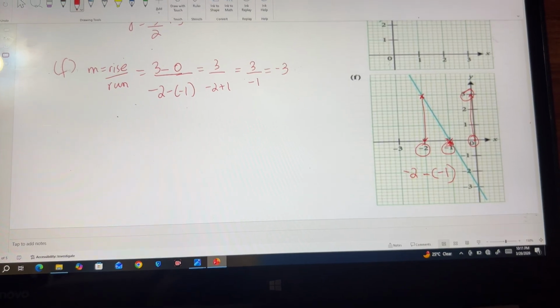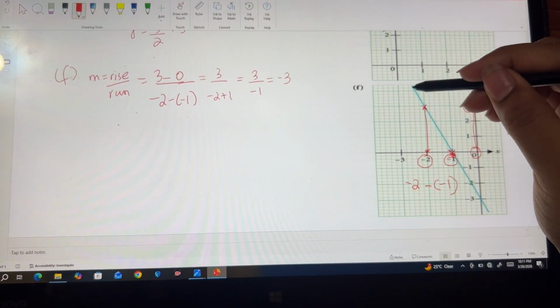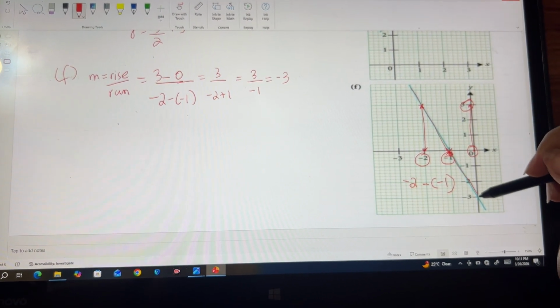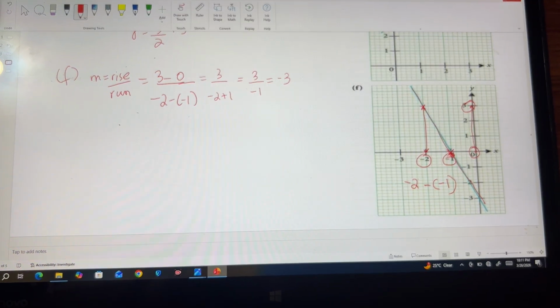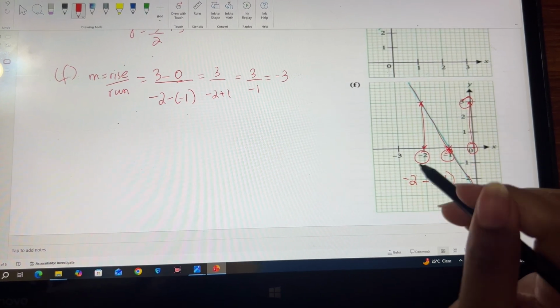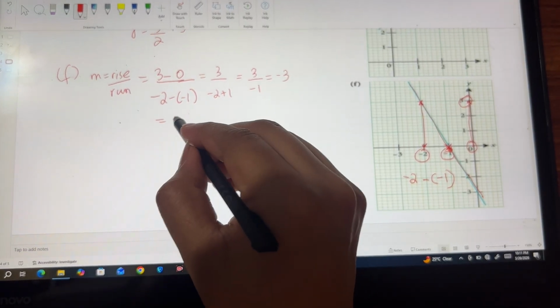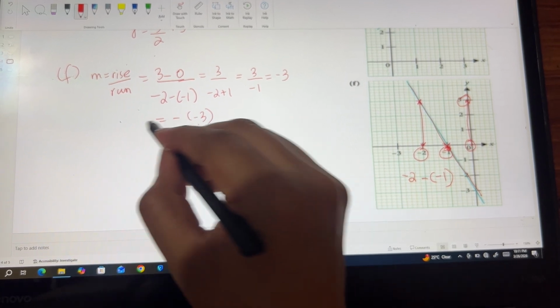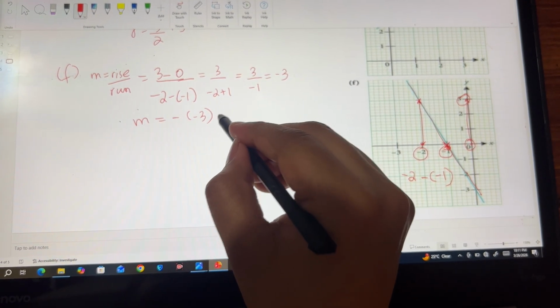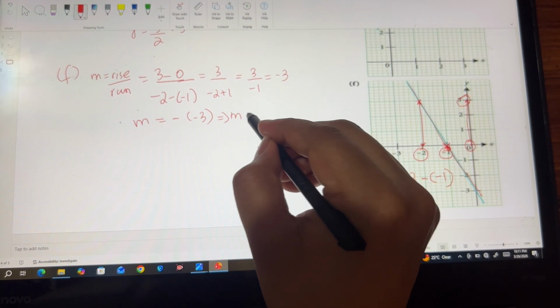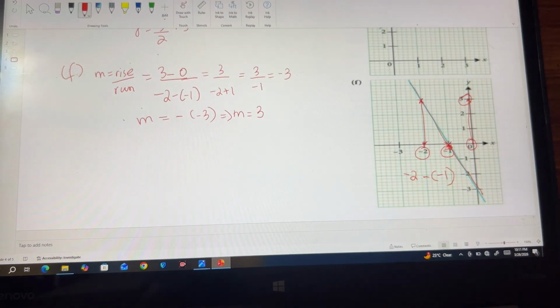But now if you see the graph, the slope is going in a downward direction. When something is going downward, it is negative, so I'll put a negative sign in front of minus 3. So m equals minus minus, which gives plus 3.